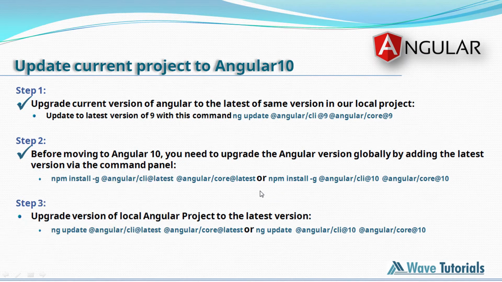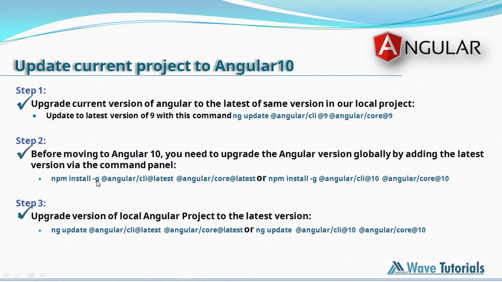The next step is step 3, where we have to upgrade the version of the local Angular project to the latest version. For this we have to update the Angular CLI and Angular Core again on the same local project. Make sure that you execute the command ng update when you are going to update the local version of your project, and npm install when you are going to install the Angular CLI and Core globally.